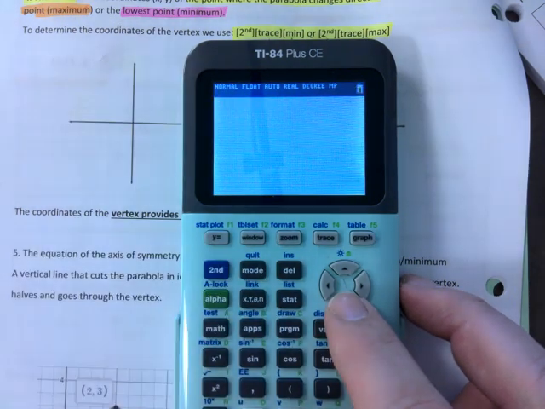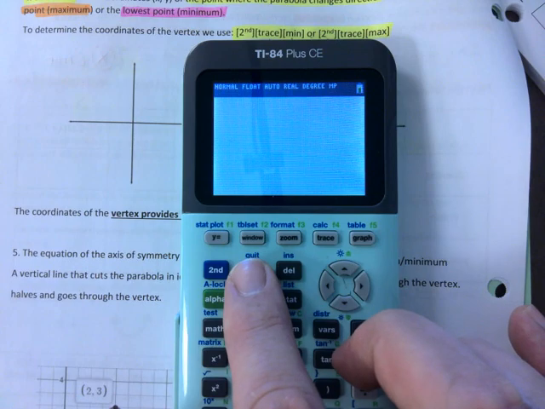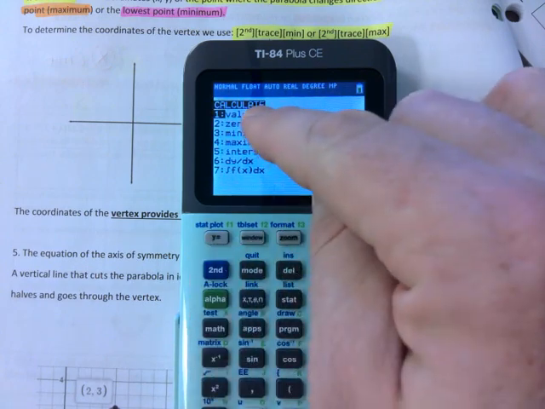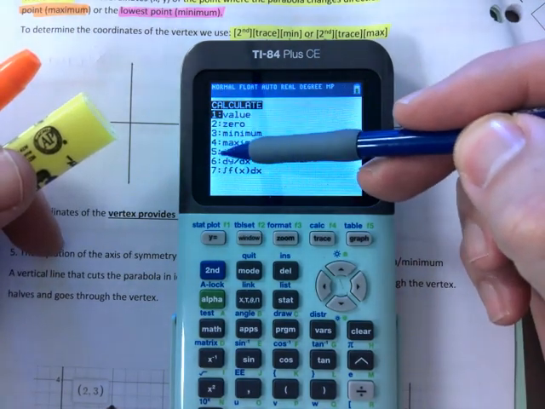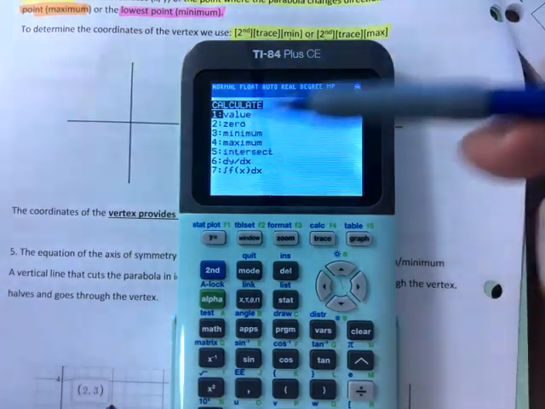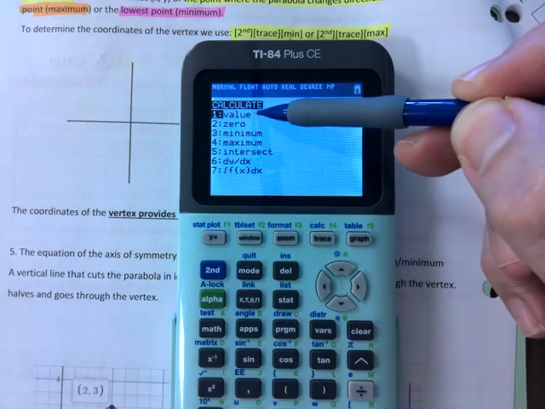I'll do it one more time. Second mode, you quit back to the home screen. That's how you always exit whatever you're in. Second mode quits to the main screen. So you want to go second trace. We're going to use 1 to 5 in this course, and you're going to use that next year as well. Remember, second trace, you calculate anything you want off of a graph.